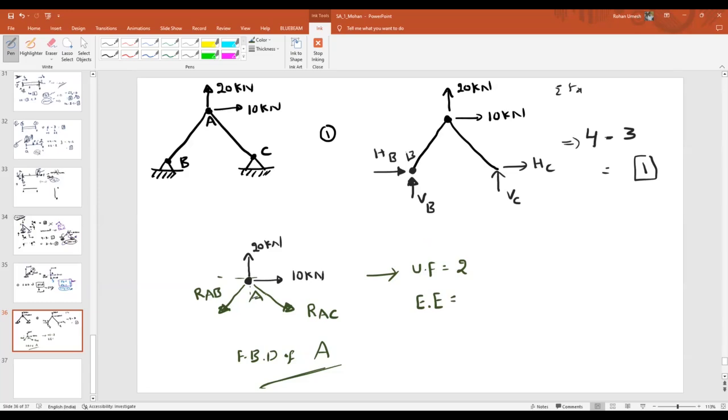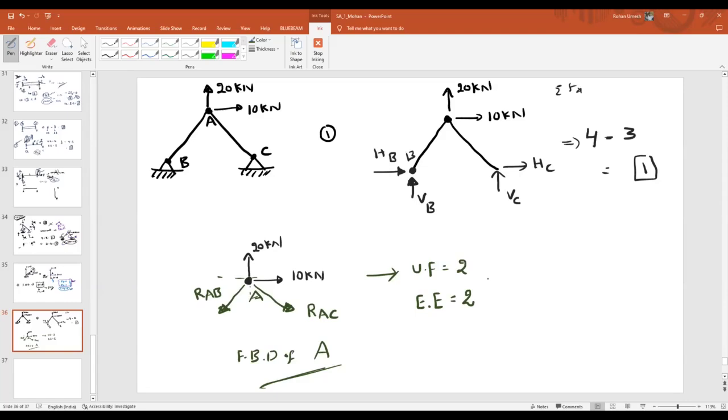Two. Is it clear why we consider only two? Yes, sir. Because when we resolve, this becomes a horizontal and a vertical. There will be no moment, as all the forces are passing through one point, so there is no chance of developing movement. So there is no need to consider summation of moments equal to 0. It's as simple as that.